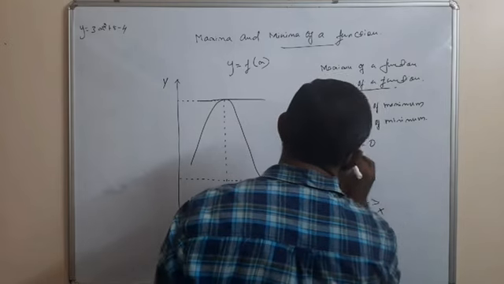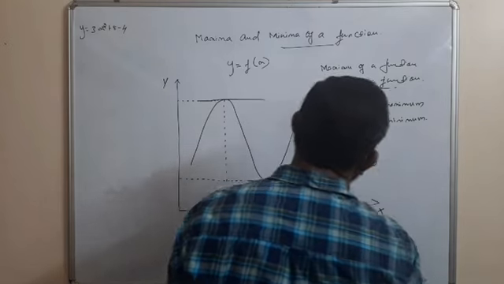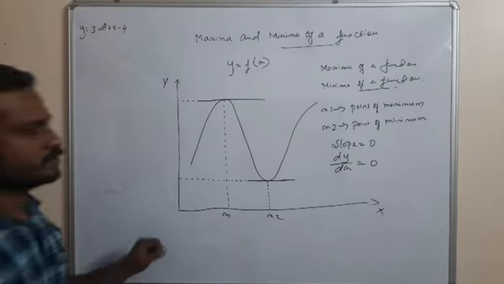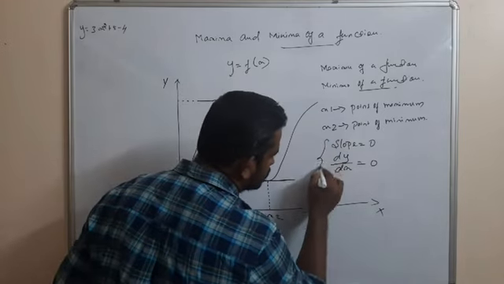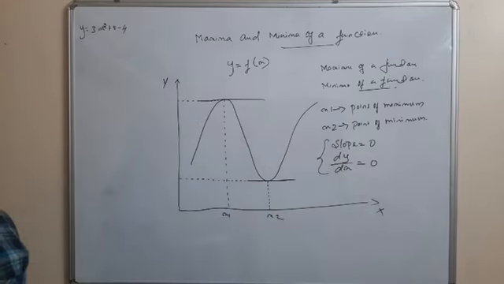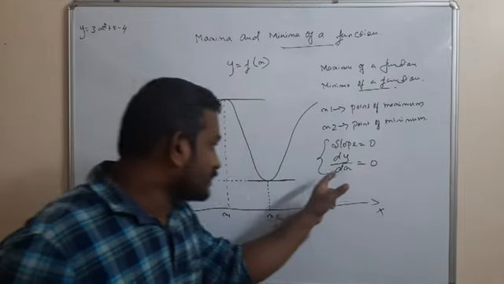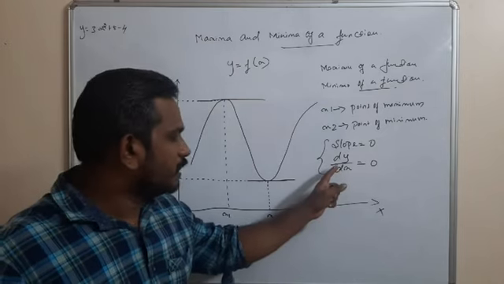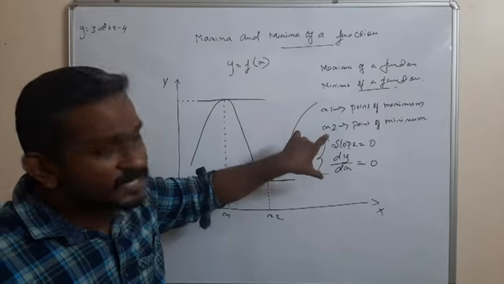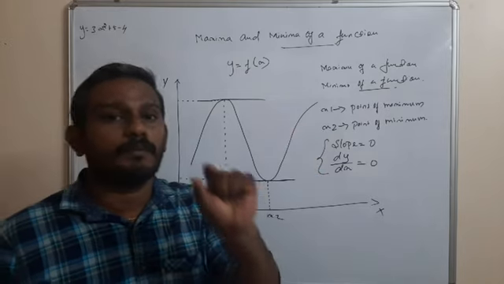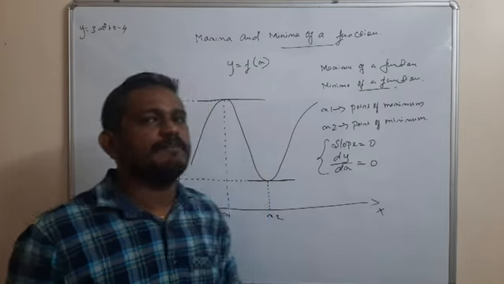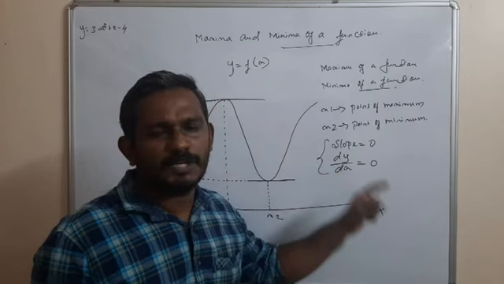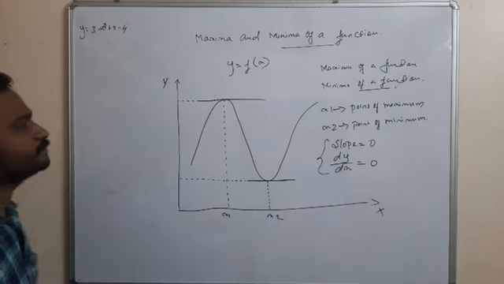So dy by dx equal to 0. This is the logic we use to find the points of maximum and minimum in a graph or function. Okay, clear?